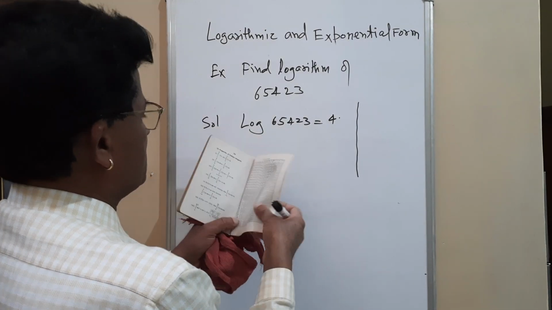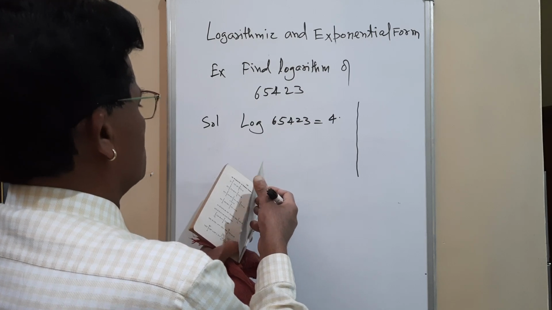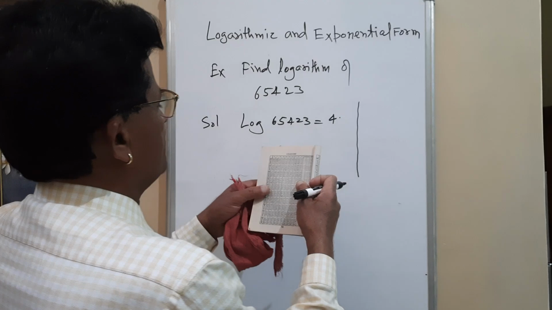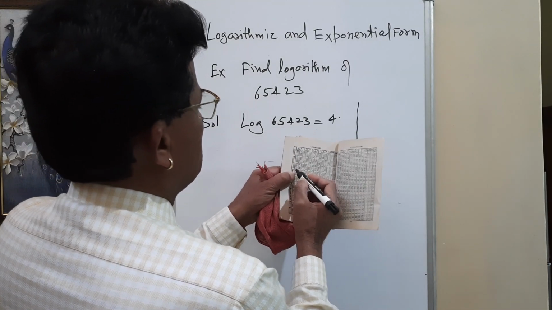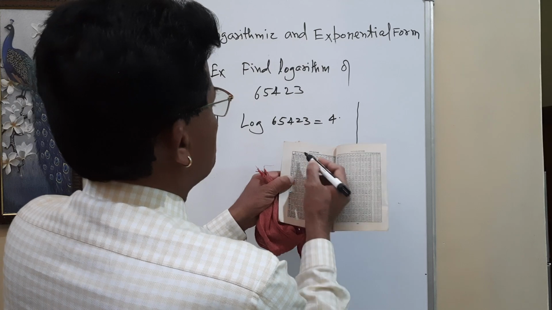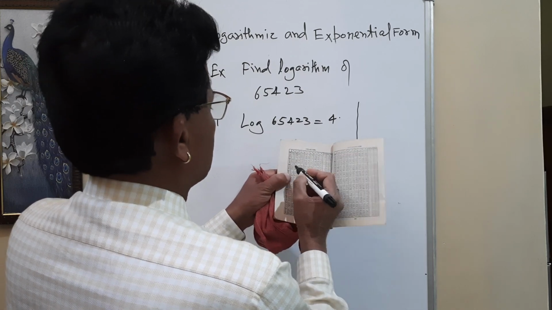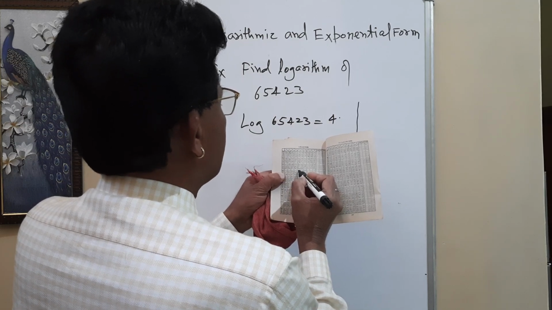Here it is not 65, I think it may be on the second page. And you will see 65 at 4. 65 is here in the vertical line. 1, 2, 3, 4, it is given 0, 1, 2, 3, 4. After that you will see the difference of the numbers. 65 at 4, it is 8156.